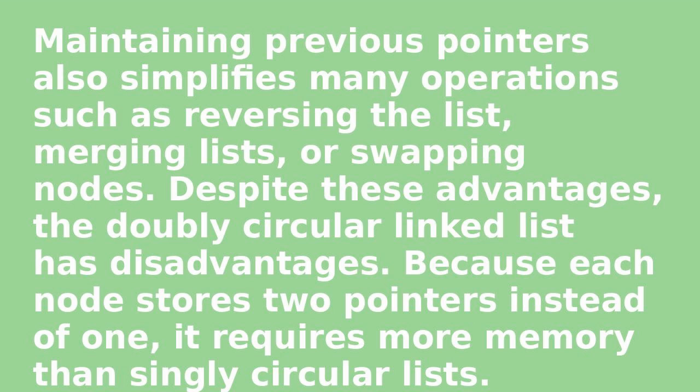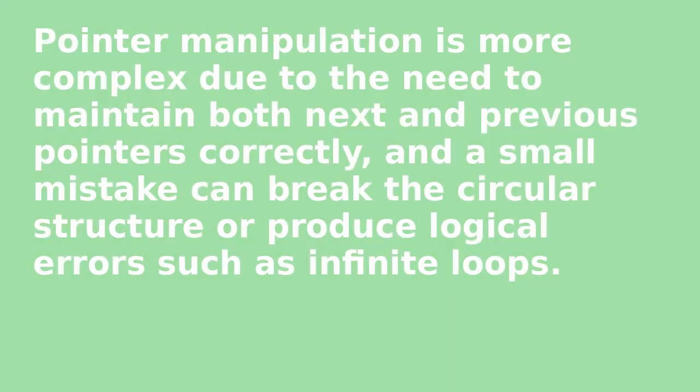Despite these advantages, the doubly circular linked list has disadvantages, because each node stores 2 pointers instead of 1. It requires more memory than singly circular lists. Pointer manipulation is more complex due to the need to maintain both next and previous pointers correctly, and a small mistake can break the circular structure or produce logical errors such as infinite loops.